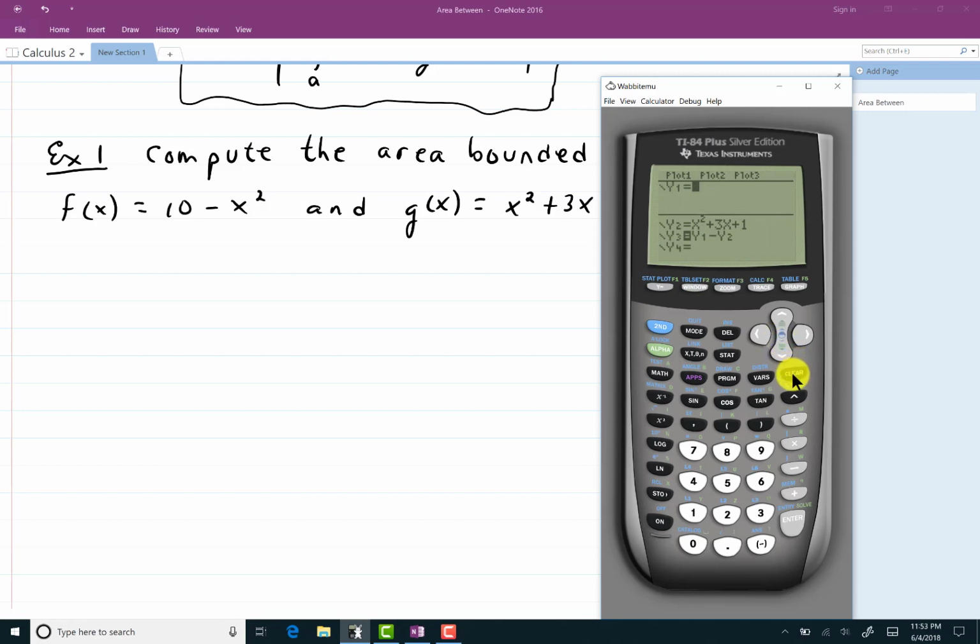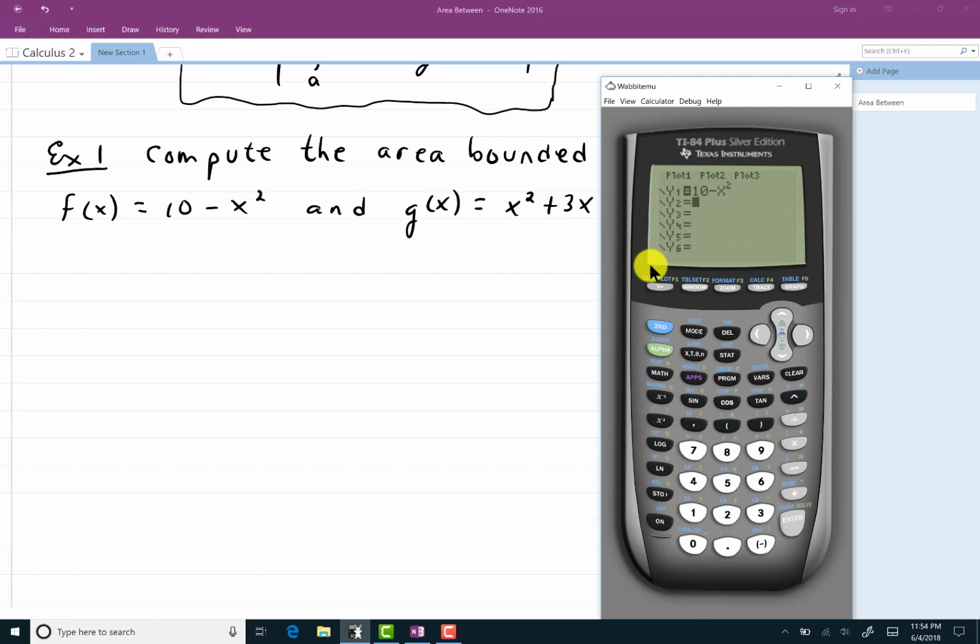So let me clear everything from the calculator's y values. You know the drill. Press the y equals button. In y1, let's put 10 minus x squared. If you hit enter, it'll take you down to y2.